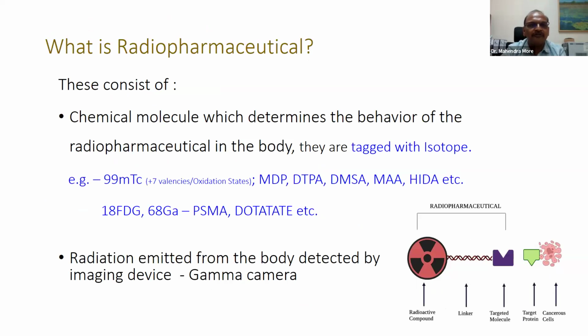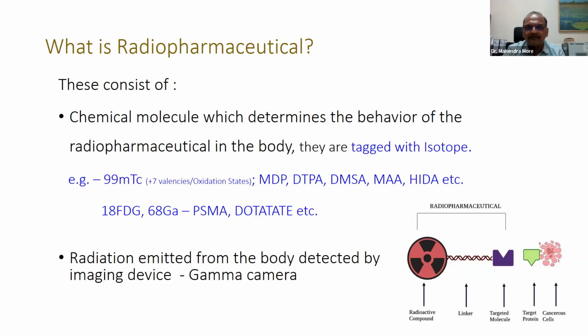Okay. What are the pharmaceuticals? Pharmaceuticals are the chemical molecules which determine the behavior of the radiopharmaceutical in the body, and they are tagged with the isotopes. Like technetium-99, why is this isotope very peculiar in nuclear medicine? Because it has a +7 valency or oxidation state. So it can tag with different chemical molecules.